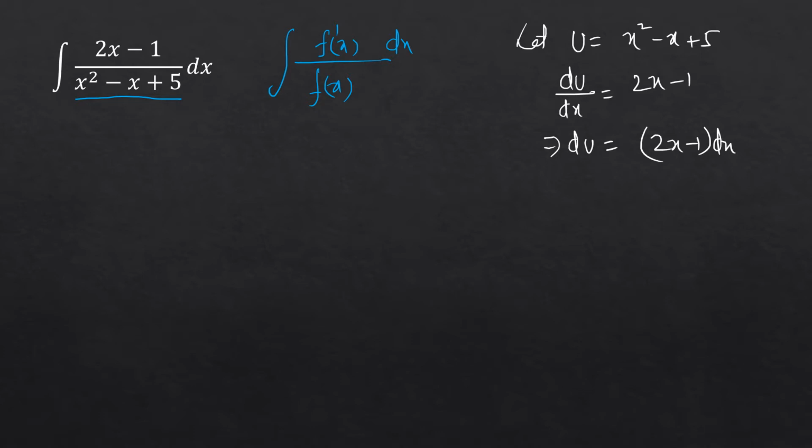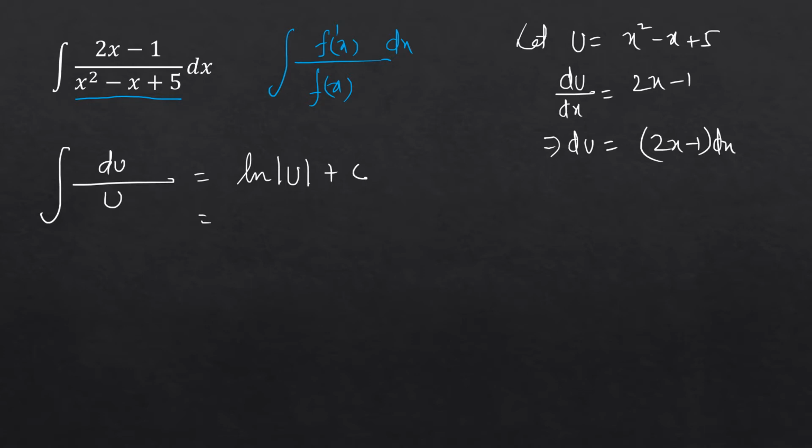Alright, now is the time to substitute. So 2x minus 1 dx will be replaced by du, and this x square minus x plus 5 will be replaced by u, and hence we can directly apply integration of du over u, which is going to be ln mod of u plus c.